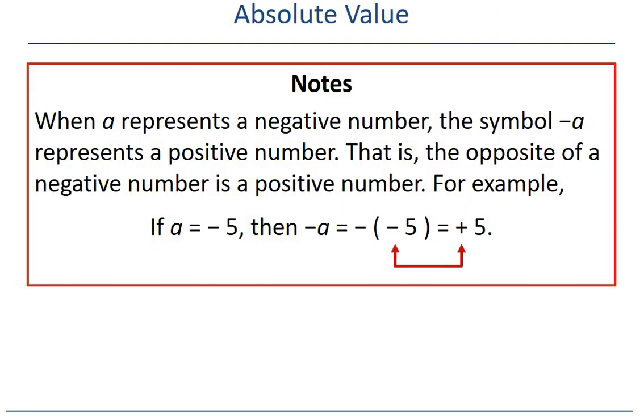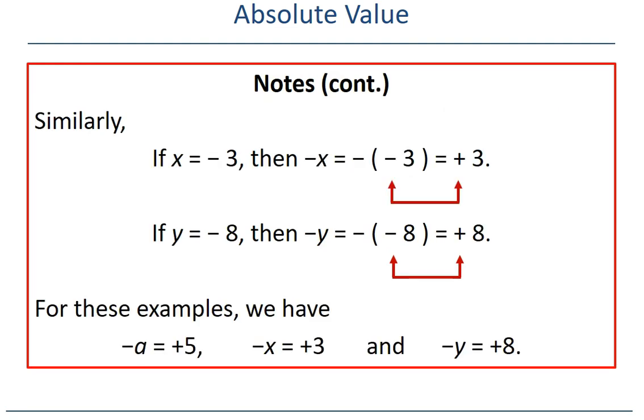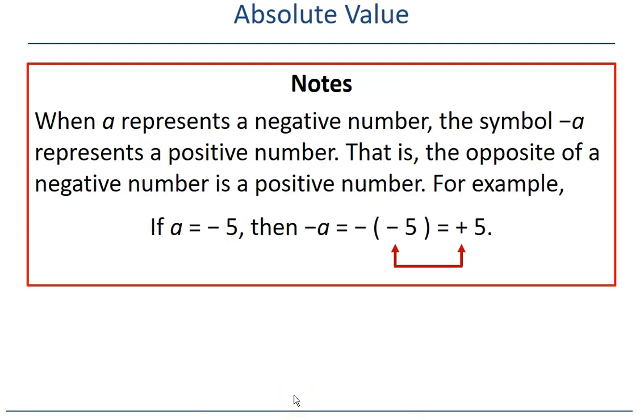I think we went back a little bit there. Checking out this slide once again, it says if A, as we see it, inside there represents a negative 5, then the opposite of a negative 5, as we see here, is a positive 5.